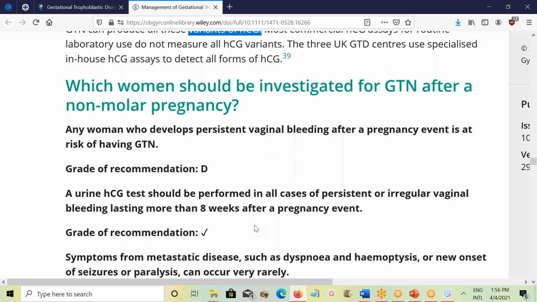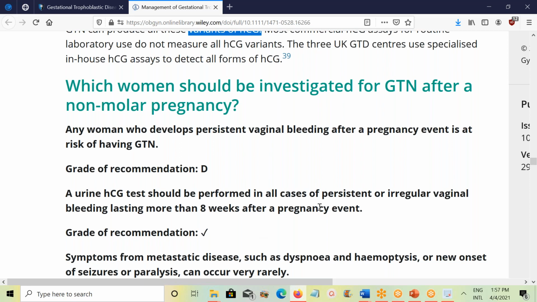If it has returned to normal within 8 weeks after any pregnancy event, then the chance of having GTN is less than 1%. If it doesn't drop to baseline after 8 weeks, then there is a chance that the patient can have gestational trophoblastic neoplasia. That is the point, okay?